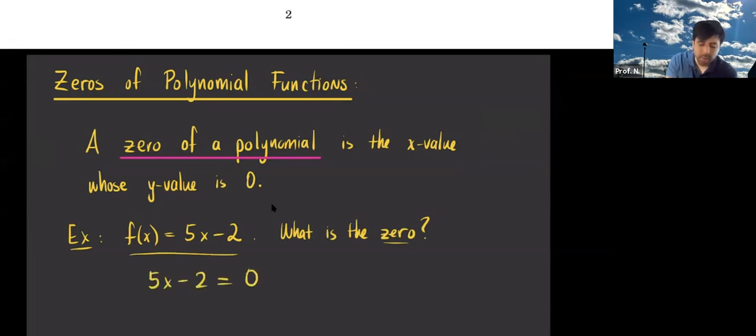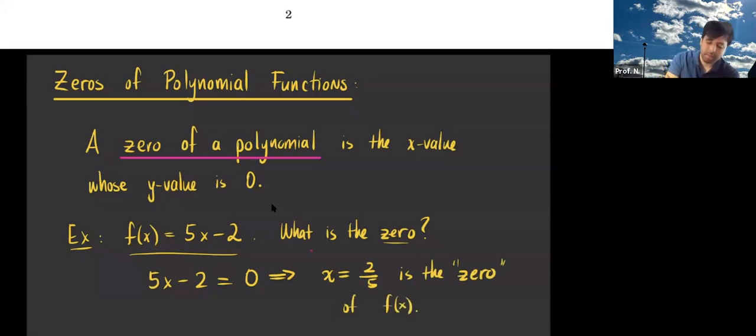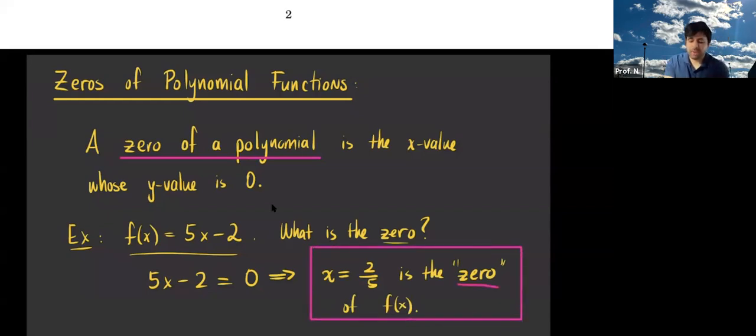Because that represents the y value, and I'm looking for the x value. So obviously, what would be the x value? 2/5. So x equals 2/5 is the 0 of f of x. Do you guys see that terminology? So we call the 0 the x value whose y value associated under this polynomial function is 0.